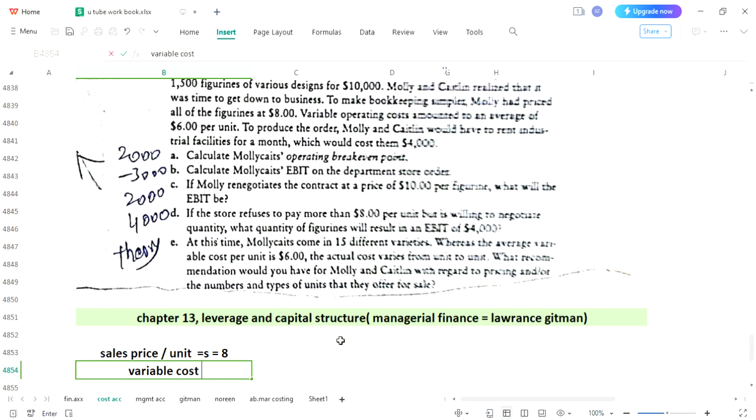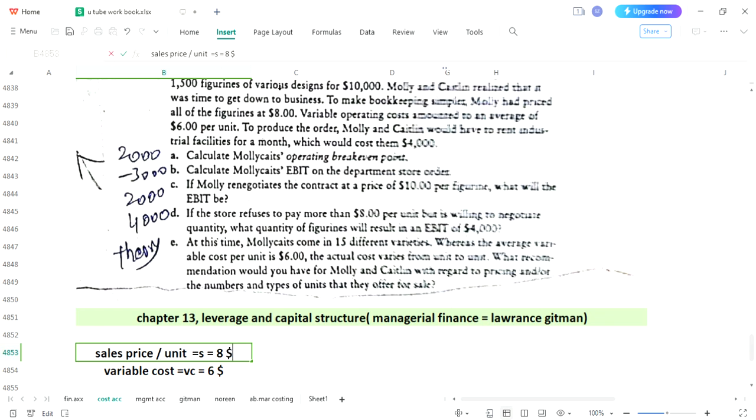Variable cost, VC, is $6. And kindly keep it in mind, this $6 is an average price. There might be costs a little different, and this $8 is also just an average sale price. Dollars we need to write.